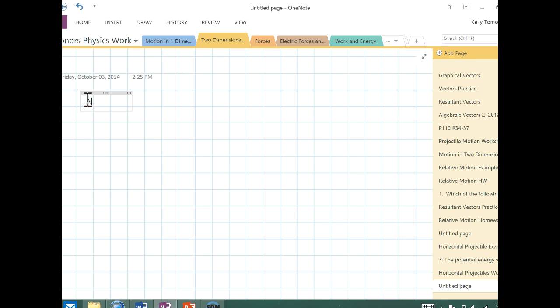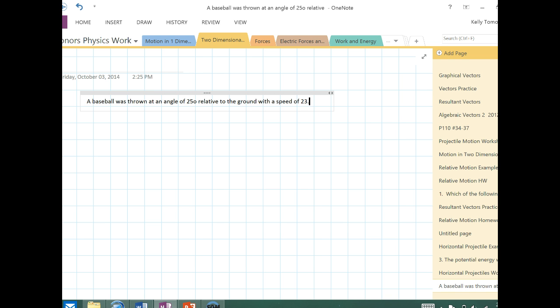Okay, a baseball was thrown at an angle of 25 degrees relative to the ground with a speed of 23 meters per second.